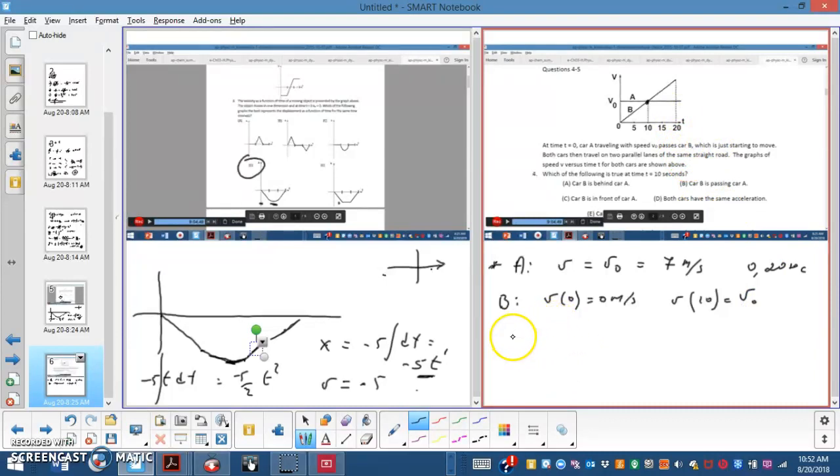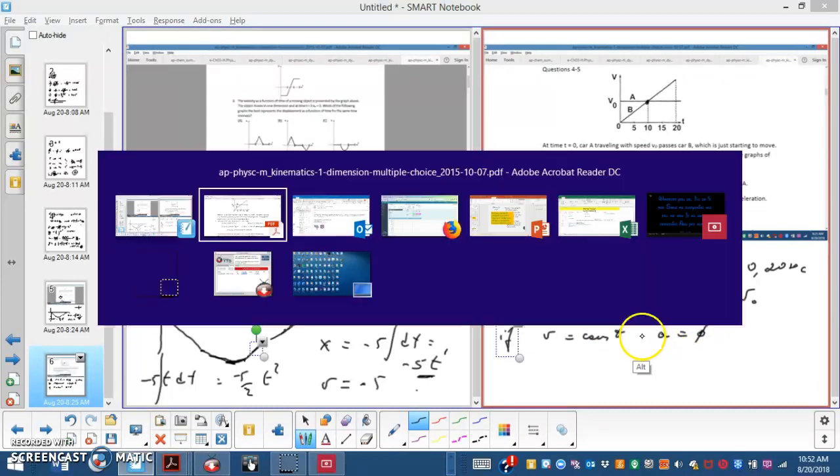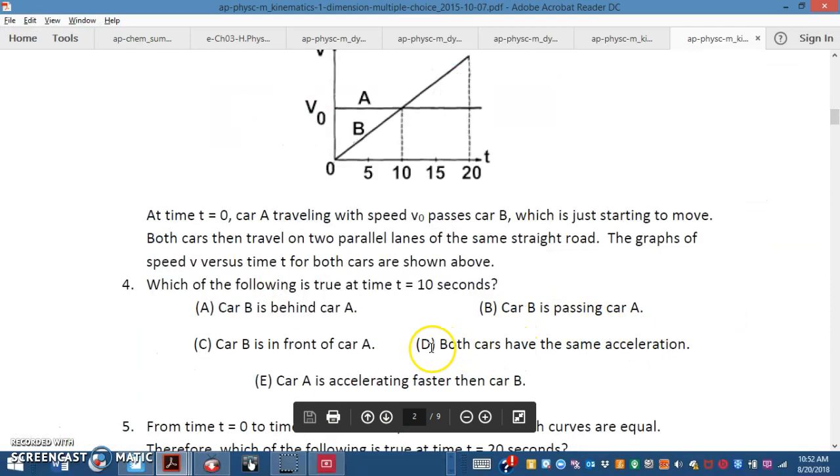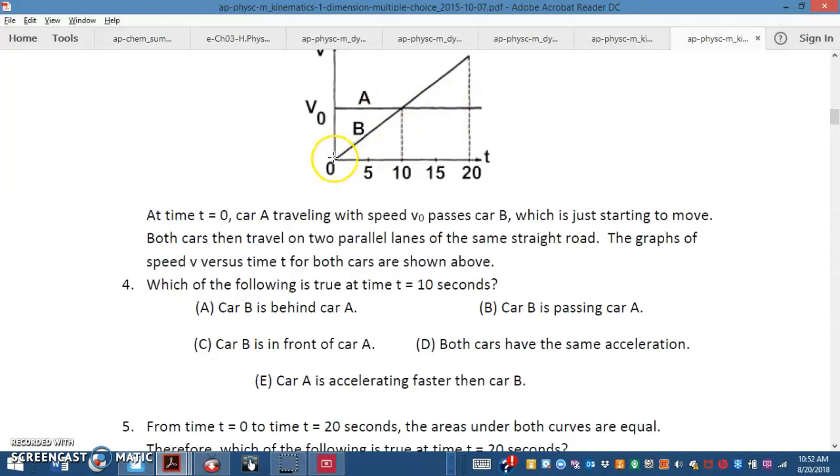From kinematics, you know that if V is constant, then that means you're not accelerating. So this takes out answer D, because they have the same acceleration. Well, this one has a constant velocity, so no acceleration. This one is actually changing velocity from 0 to V whatever. Imagine yourself in the car. If you are changing your velocity from 0 to a different value, obviously you are accelerating.